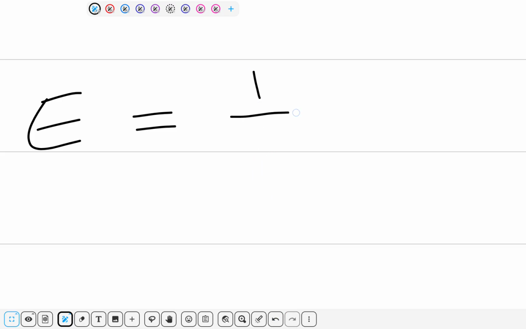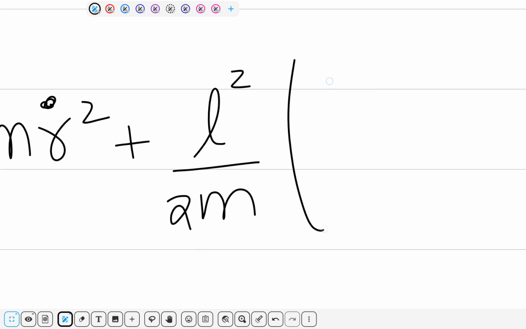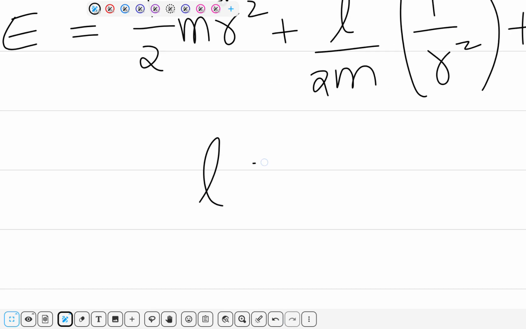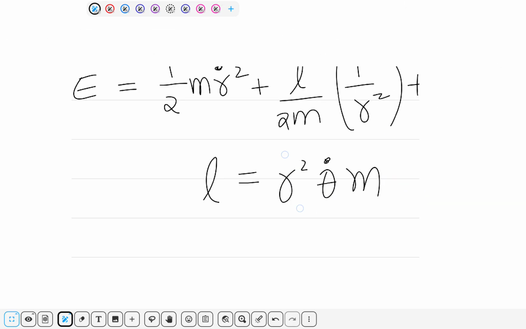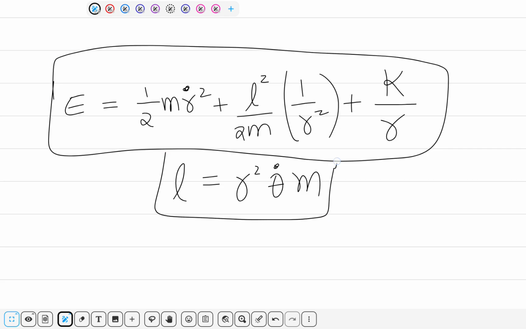Let me finish this in a few minutes, the revision, of course. And here we have these two things: angular momentum and what is this?